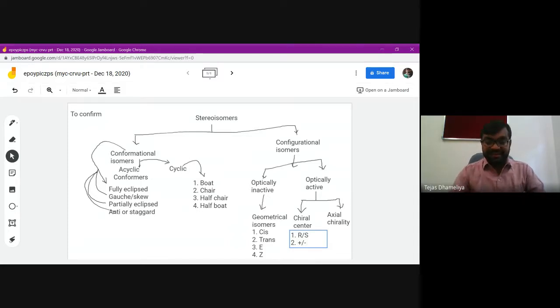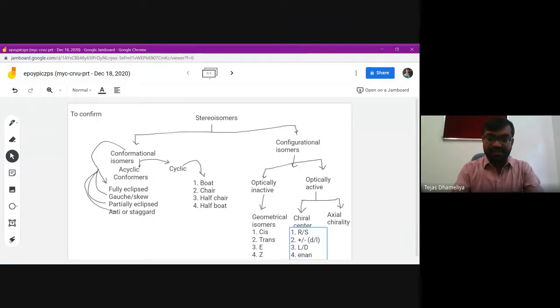Capital R, capital S. It can be capital L or capital D. Dextro and levo are also called small d, small l. These isomers are basically chiral center compounds having optical activity.